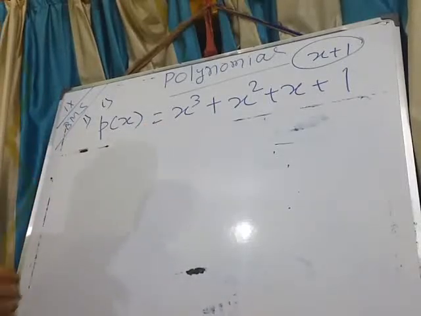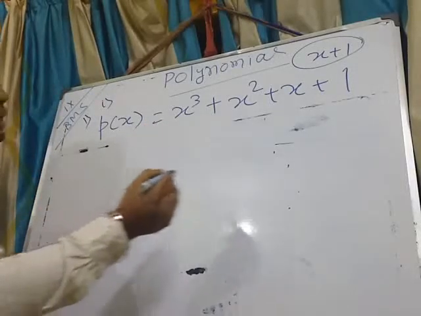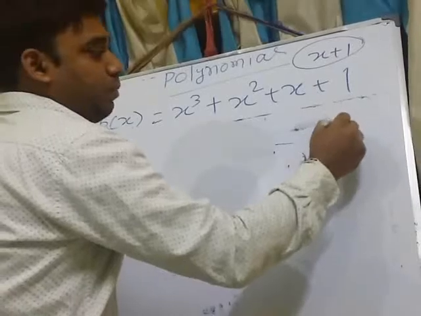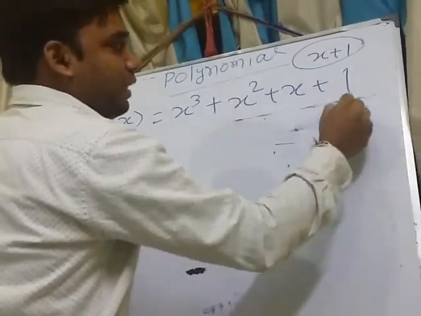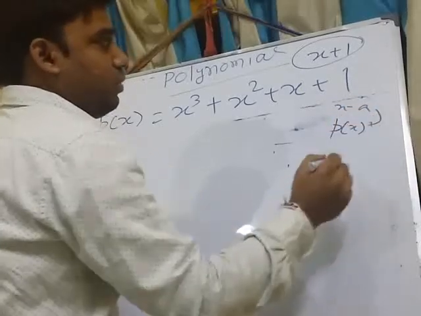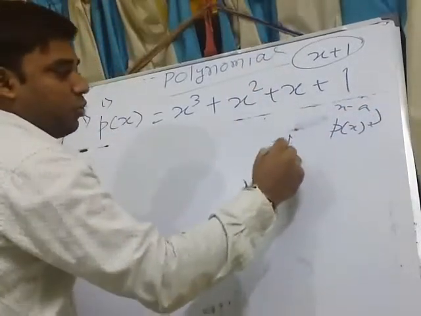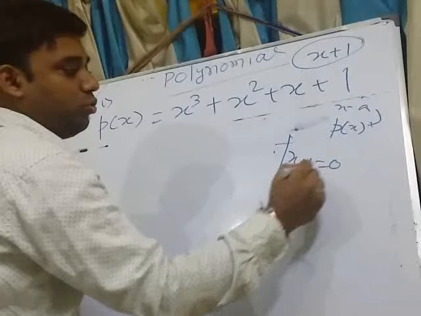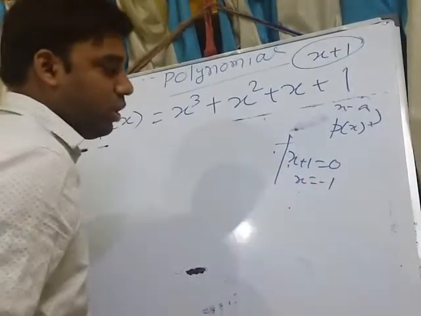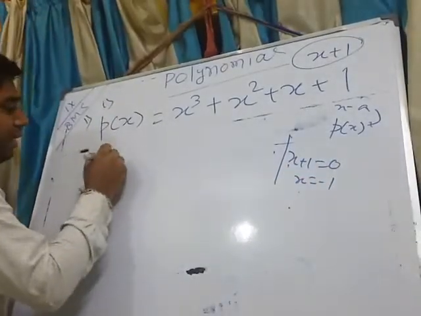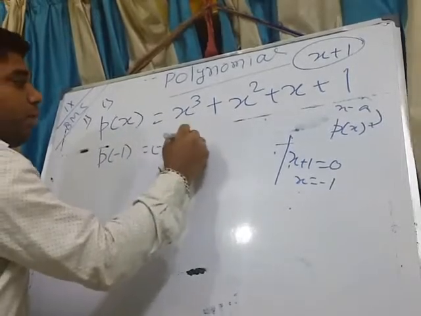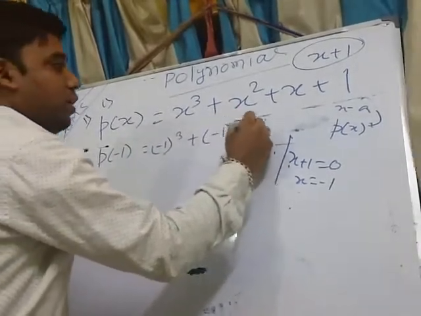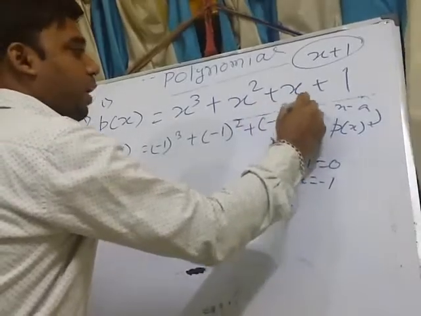According to the factor theorem, for proving a factor, if p(x) is a polynomial and a is a real number, then x minus a is a factor. So x plus 1 = 0, so x = minus 1. Now put it in, that is p(minus 1) = (minus 1) cube plus (minus 1) square plus (minus 1) plus 1.